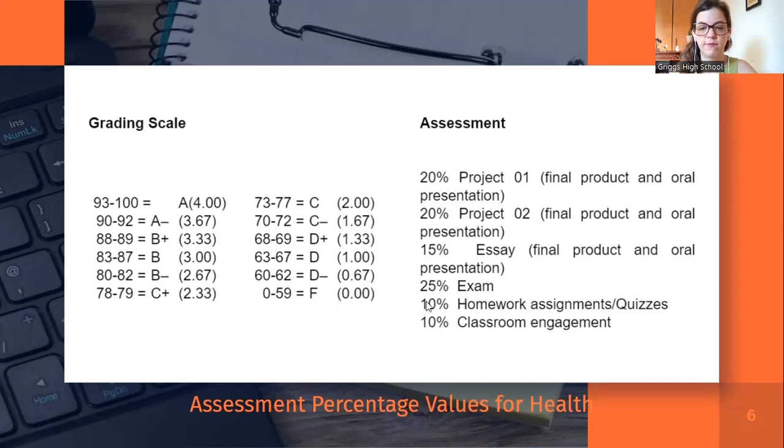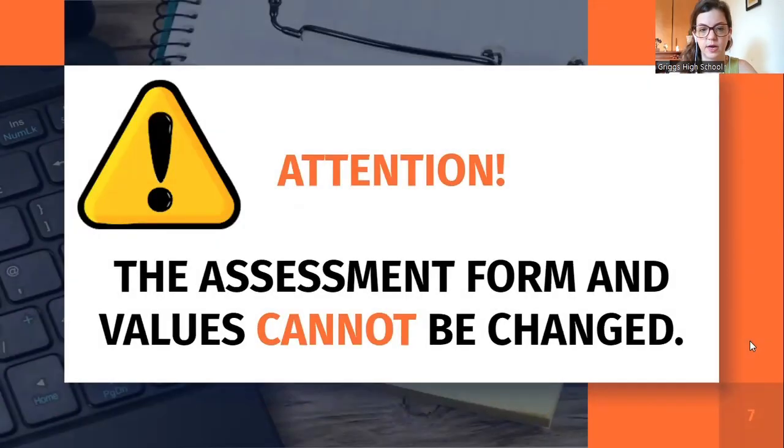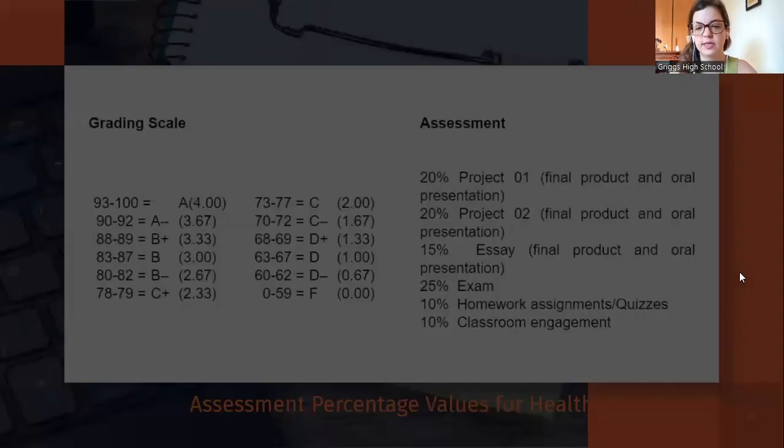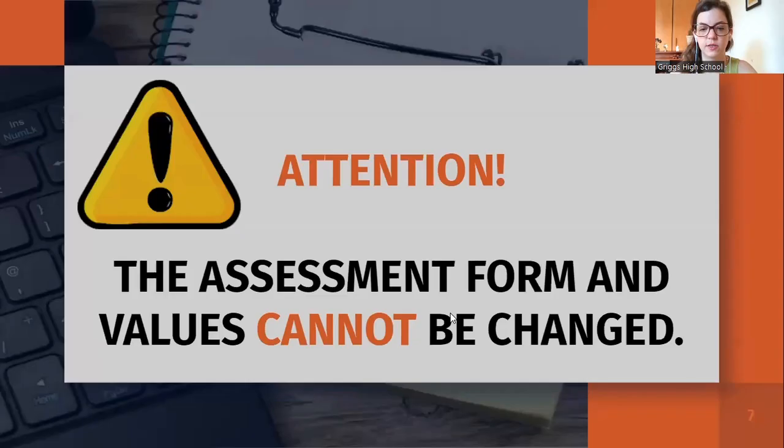So you have freedom to divide these 10% and 10%, however you'd like. However, the general thing you cannot change, okay? The assessment form and values cannot be changed, only inside these 10%.